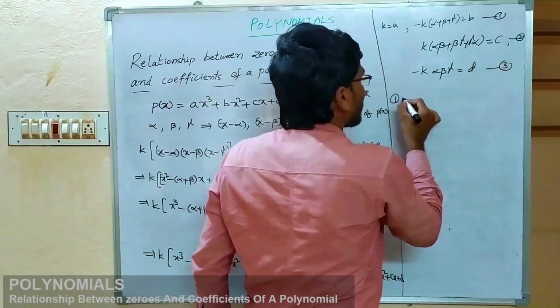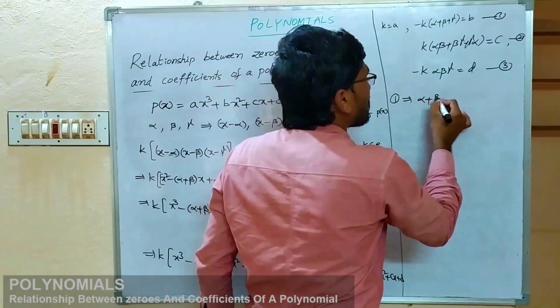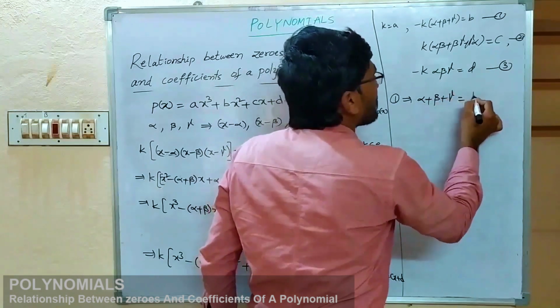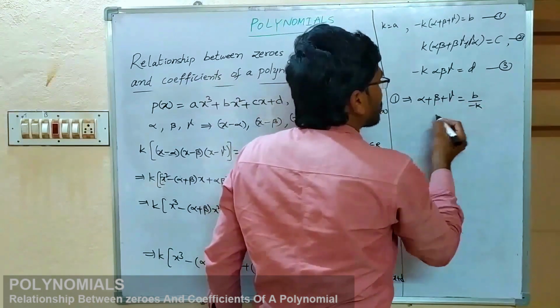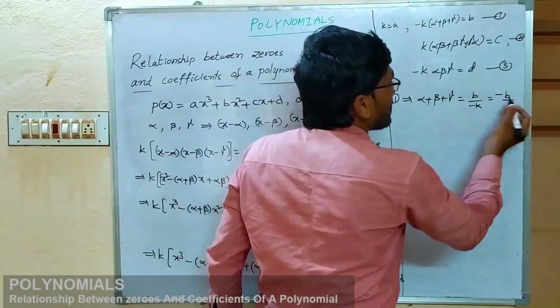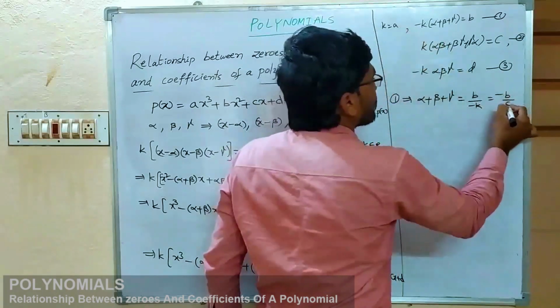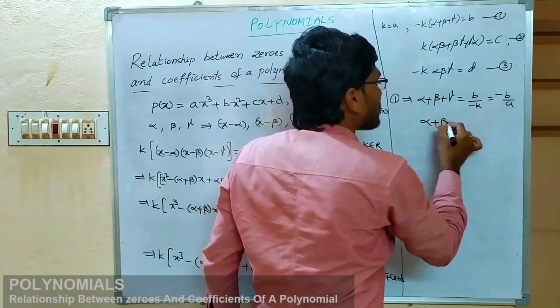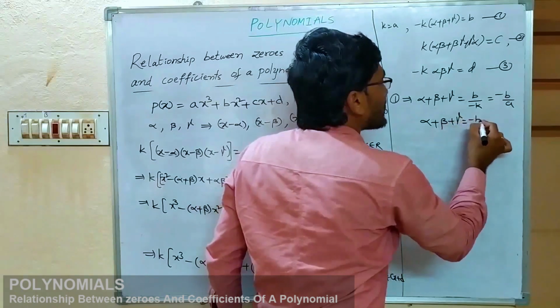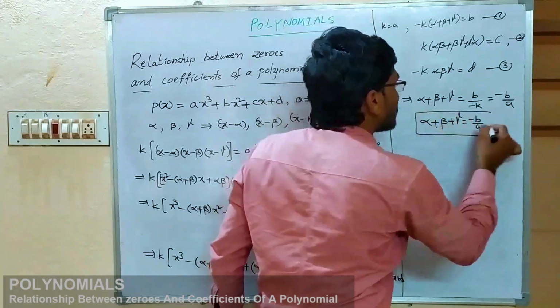So from 1 we can write alpha plus beta plus gamma is equal to b by minus k. So this can be written as minus b by k, and k is nothing but a. So finally alpha plus beta plus gamma is equal to minus b by a.